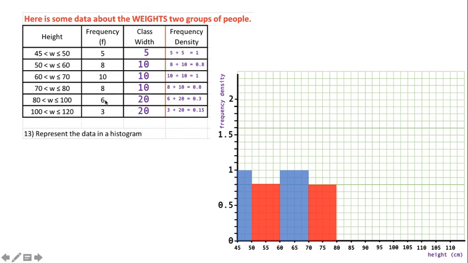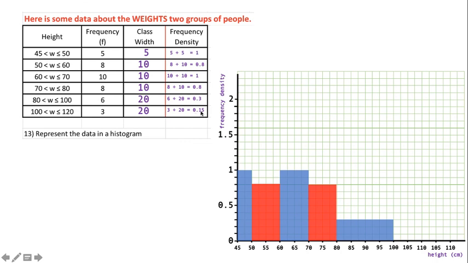Next group from 80 to 100, so that's going to be a wider bar. It's going to be 20 units wide from 80 to 100. And the area of that bar is 6 with a height of 0.3.